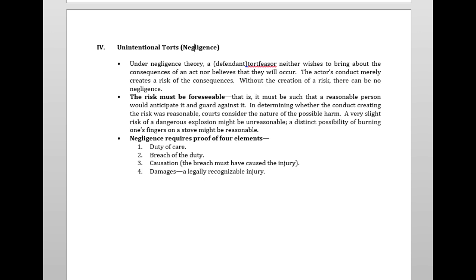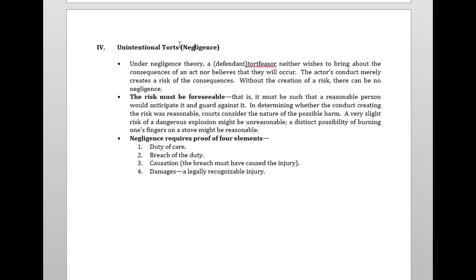They have a duty of care to create a safe environment. They breached that duty by not doing so, which in turn caused somebody to fall and caused the injury, which was, in theory, a recognizable injury, say a broken leg or maybe a broken arm.